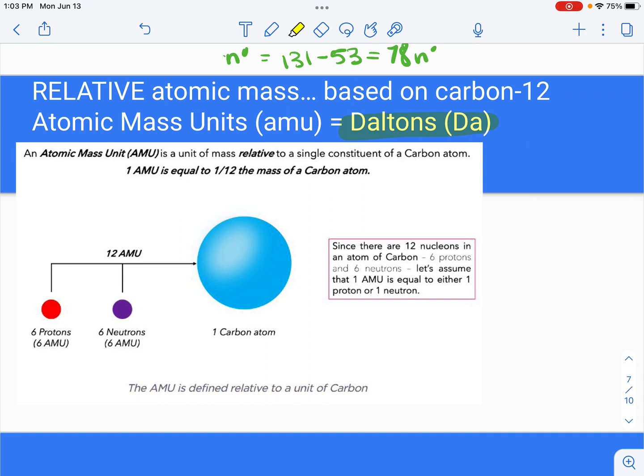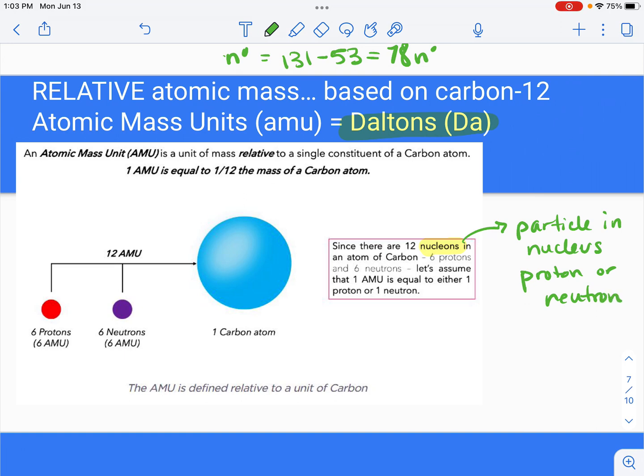Okay, but what happens is that 1 AMU is basically the mass of one of the nucleons in the nucleus of an atom. So the nucleons are the particles that are in the nucleus, which from what you know now about atomic structure would be a proton or a neutron.